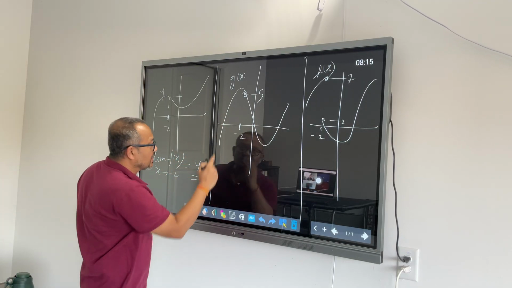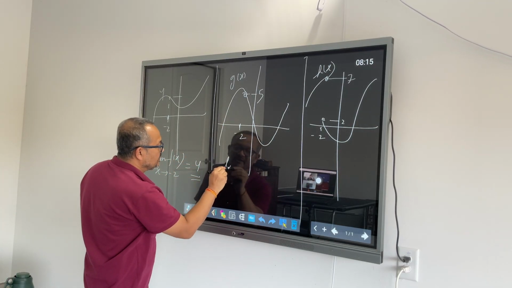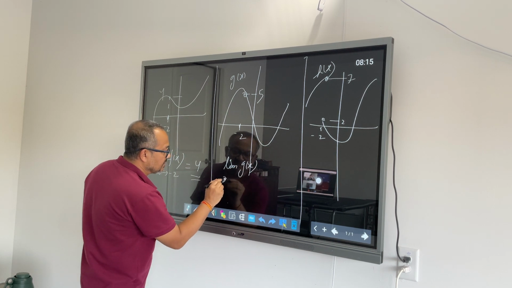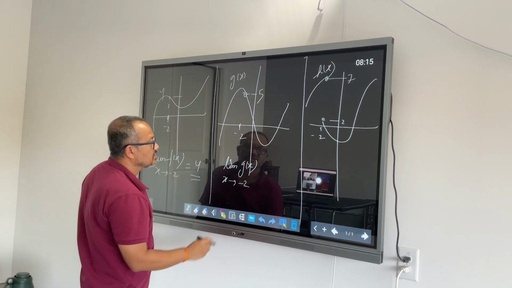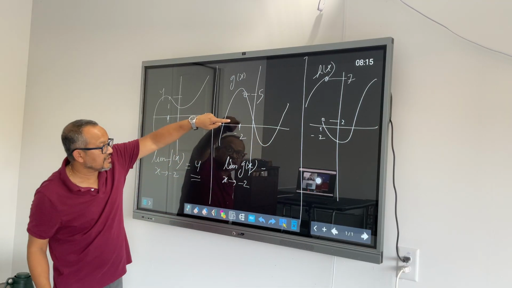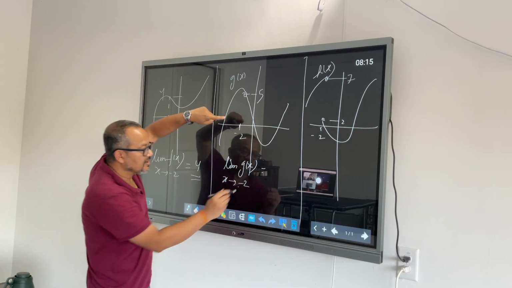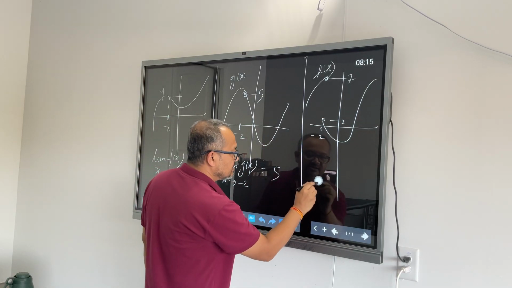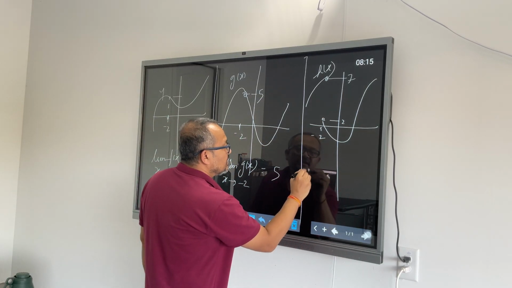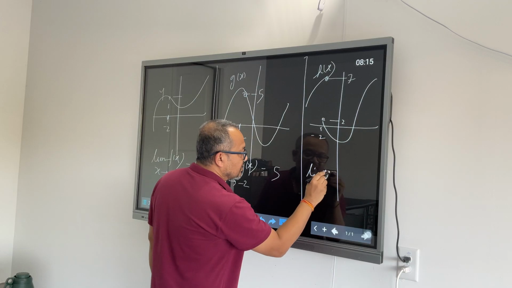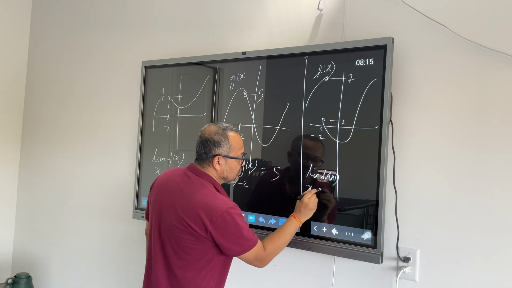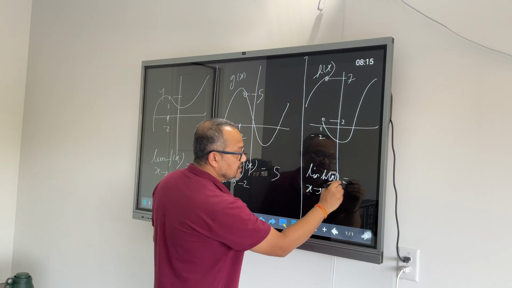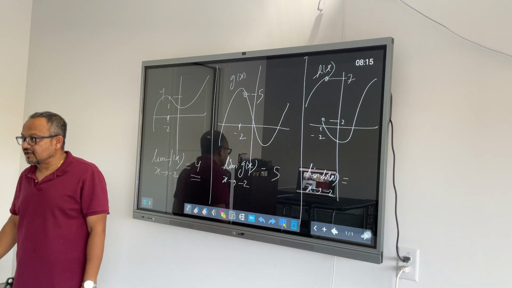If I come to this one and am asked the limit of g of x when x is approaching minus 2, I will still say it is 5. In this case, the limit of h of x when x is approaching minus 2, I will say the limit does not exist.